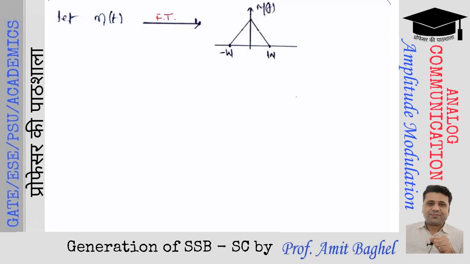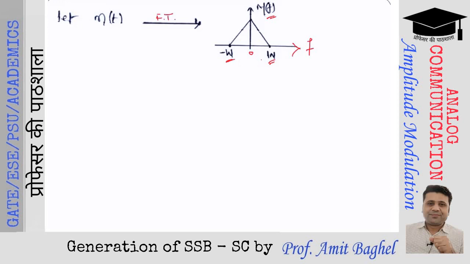So in the frequency domain, m(t) will look like this, M(f). M(f) is the Fourier transform of m(t). It will have the bandwidth W, and the spectrum will contain the frequency ranges from minus W to plus W, even though the bandwidth is equal to W only. So this is your message signal in frequency domain.